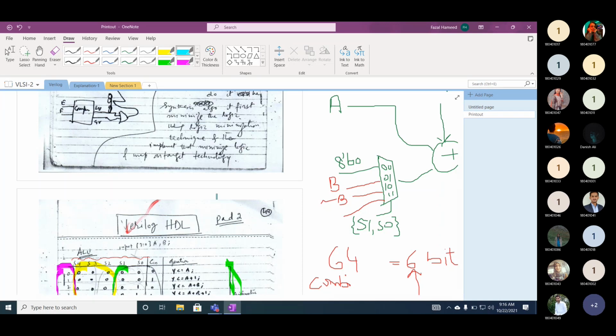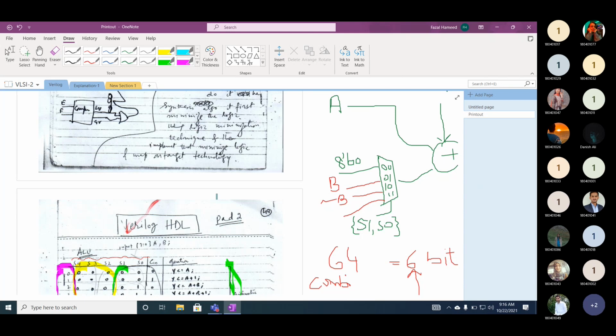The point was this: if you look at the multiplexer, we use a 4-to-1 multiplexer or an 8-to-1 multiplexer. We were taking the decision based on 2 bits or 3 bits. So you need a 2-bit select multiplexer here. Now you have 3 types of outputs. The first is ALU out, the second is logical out, and the third is shift out.